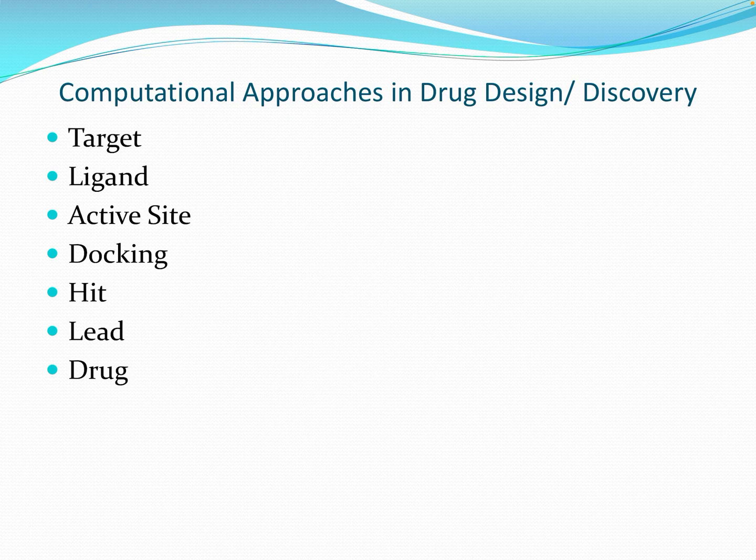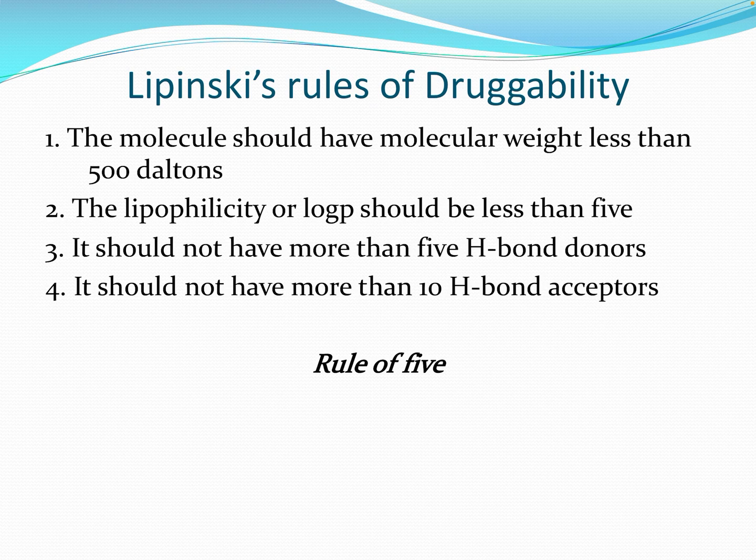So hit, lead, and then drug. A drug is a ligand that can modulate the function of the target in the desired way, a molecule that helps to improve the disease condition when administered into the body. So these are the important terms used in computational approaches in drug design and discovery.